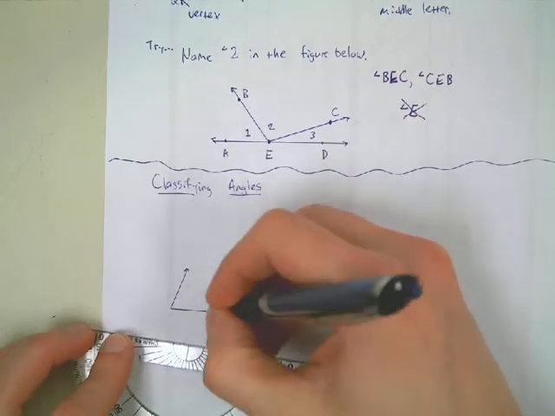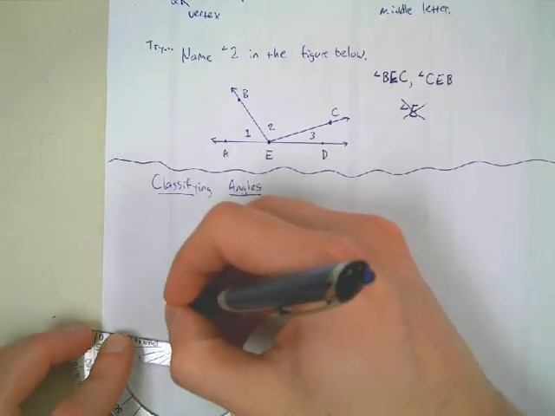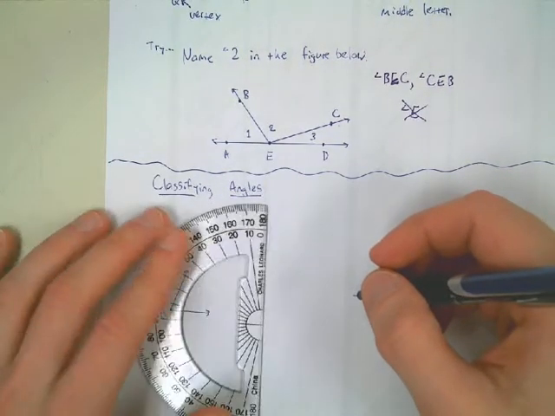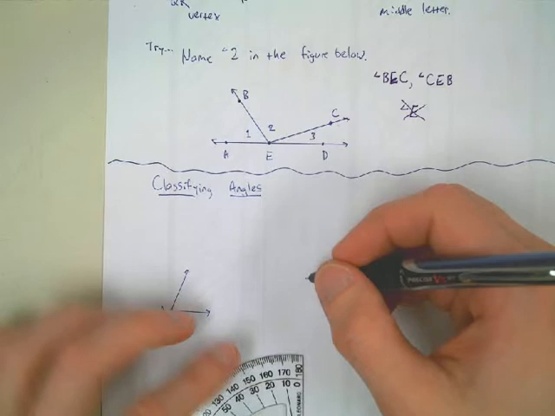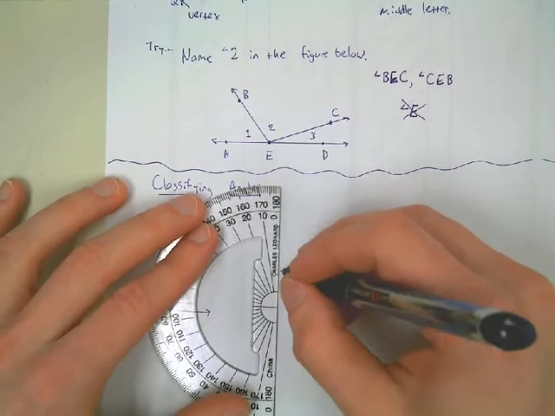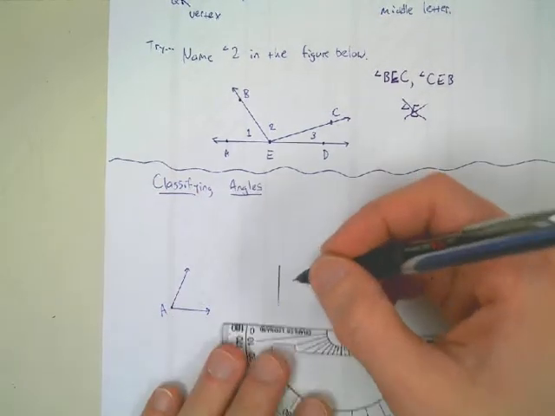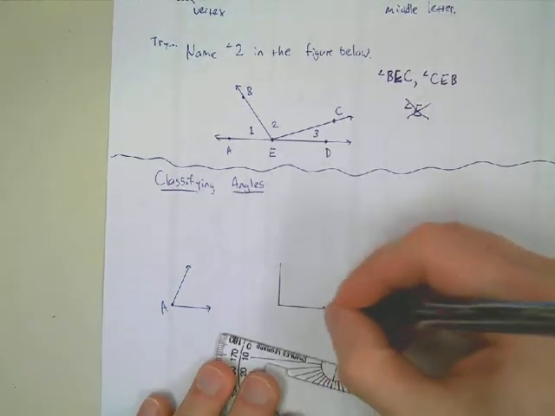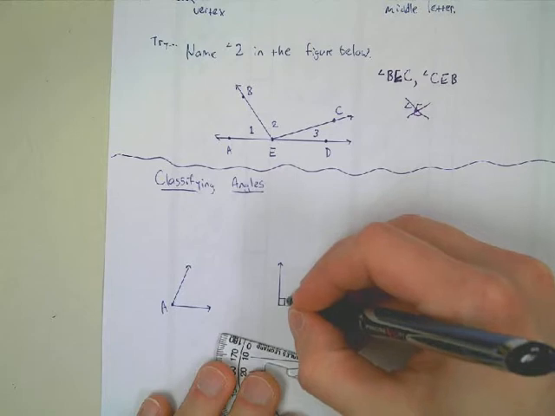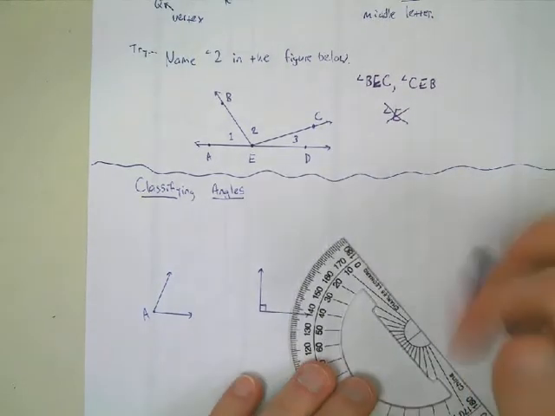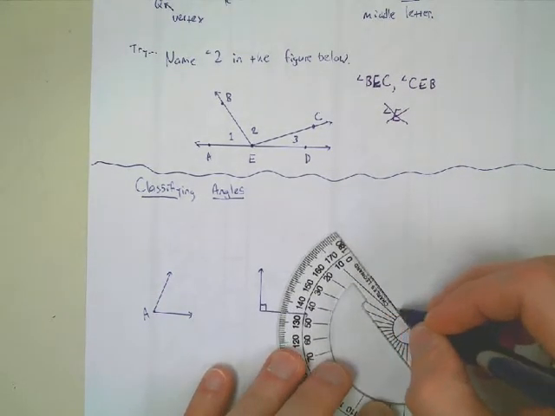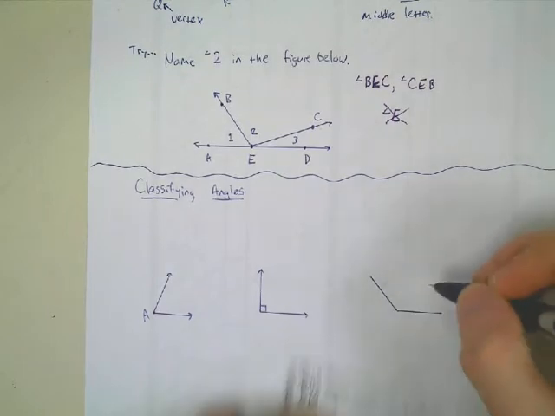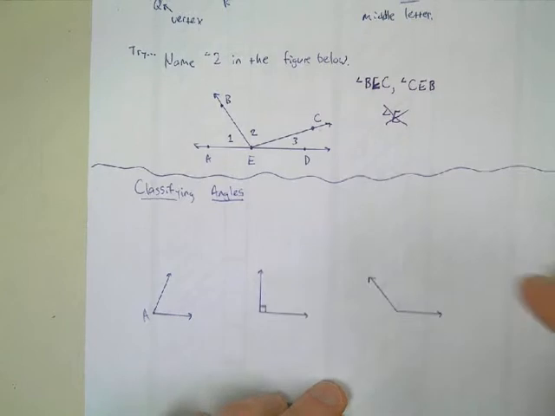I'm going to call this A. I'm leaving a little bit of space above these because we're going to label what they are, but I'm just going to draw their pictures first. I'm going to draw 4 different kinds of angles here. And then the last one.